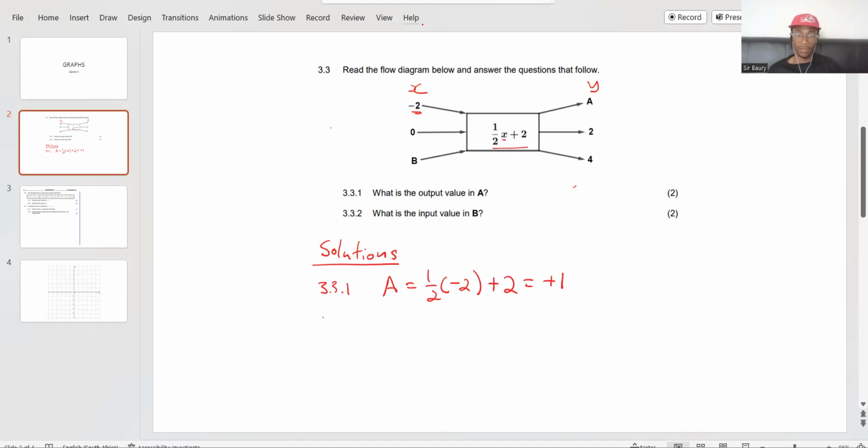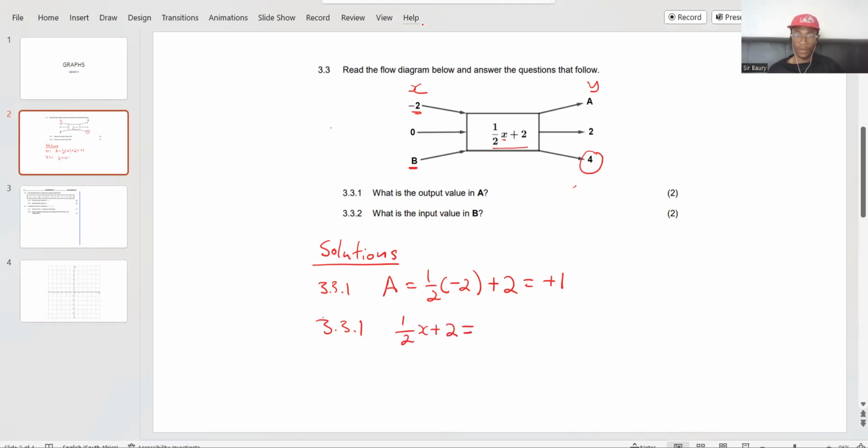And then to find B, B is X, right? I know the corresponding value, which is Y. So I'm going to substitute, because it's defined by 1/2x plus 2.